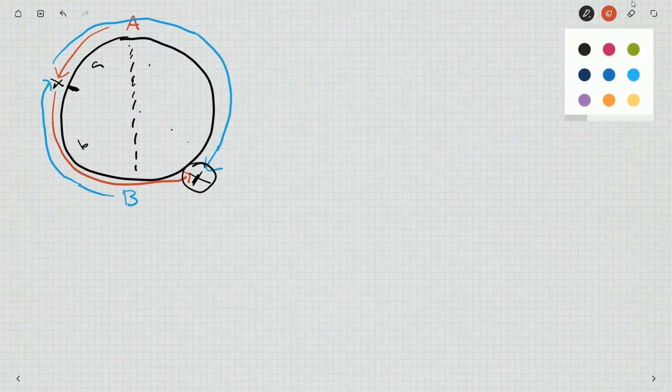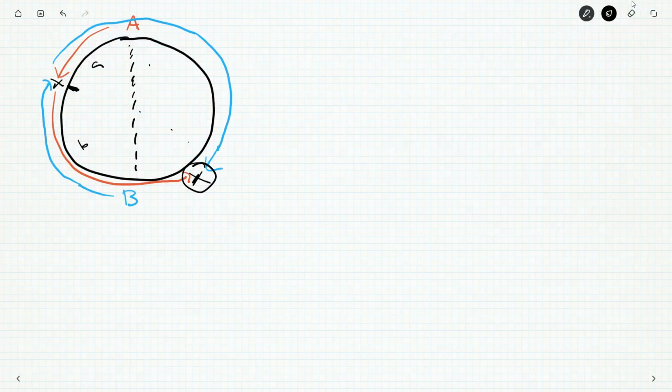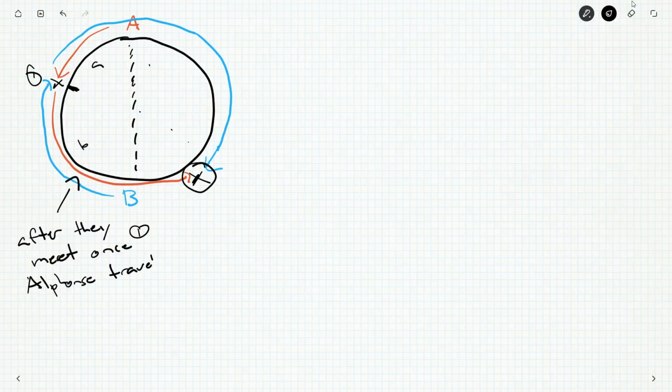Okay, so maybe we can make a note of that. After they meet once, so up here at 1, Alphonse travels, I don't know, distance x to their next meeting. That's at point 2 here.